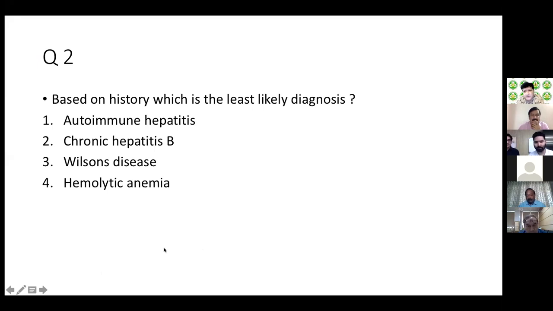No, sir, I've not kept the possibility of PSC because, first of all, she is a female and we see more patients of PSC in male patients. And recurrent episodes with spontaneous resolution of jaundice would again. No, Akash, that could happen, but the only thing is it's a non-cholestatic presentation.